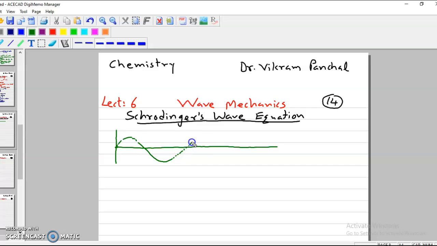These vibrations are because of the oscillations of the particles of the string, and this will produce a wave. This oscillation is known as simple harmonic motion.